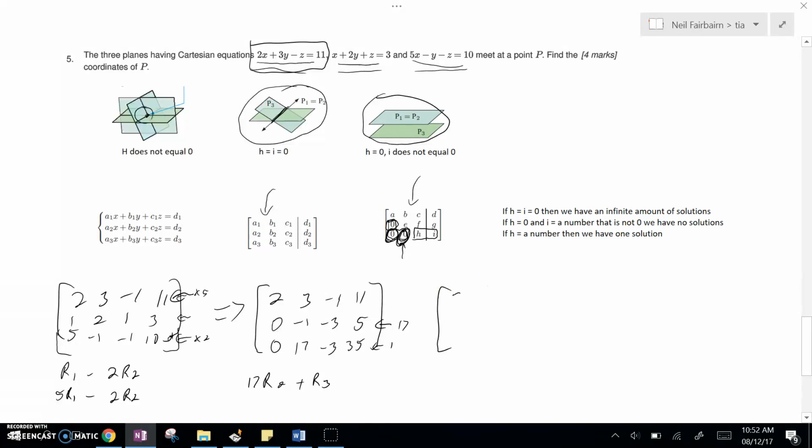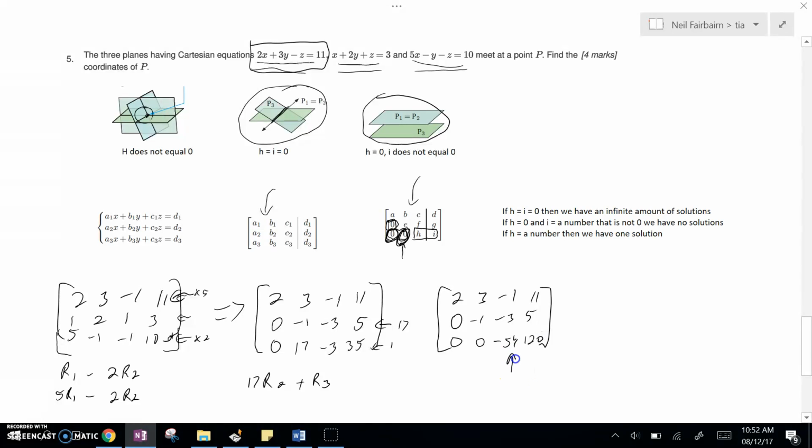That's 2, 3, negative 1, 11. Second row hasn't been affected: 0, negative 1, negative 3, 5. And the third row: 17 times 0 plus 0 is 0. 17 times negative 1 plus 17 is equal to 0. That's what we wanted. The next one is negative 54. And the last one, 17 times 5 plus 35 is 120.